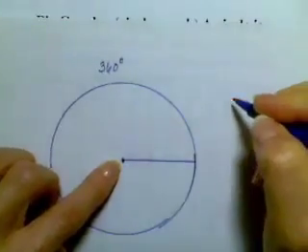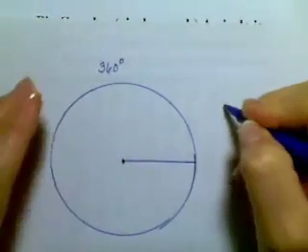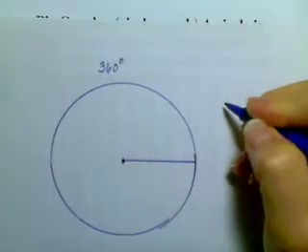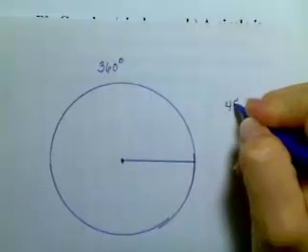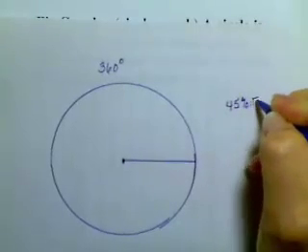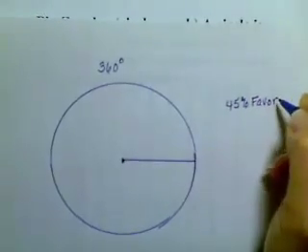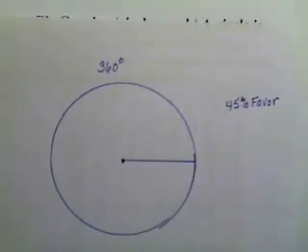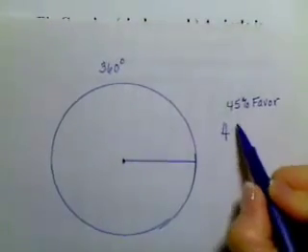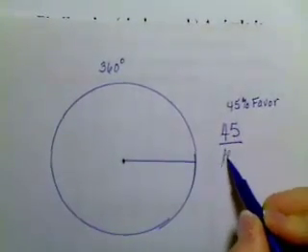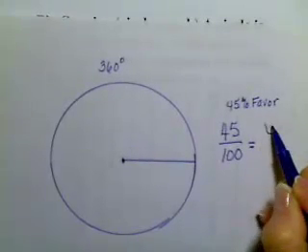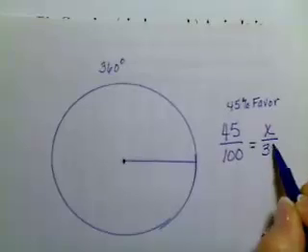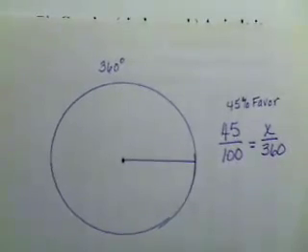Going back to our teacher problem, we said that 45% were in favor. So I'm going to set up a proportion: 45 out of 100 is how many degrees out of 360.